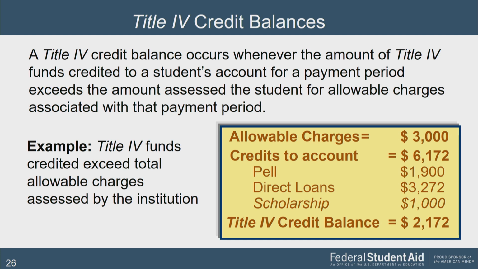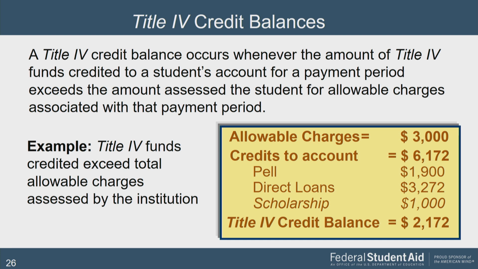We have an example here. In this example, Title IV funds credited do exceed the allowable charges assessed by the institution. You can see here we have $3,000 in allowable charges. We have credits to the student's account of $6,172, but note what the breakdown of those credits are. We have Pell of $1,900, direct loan of $3,272, and a scholarship, which is not Title IV funds, right?